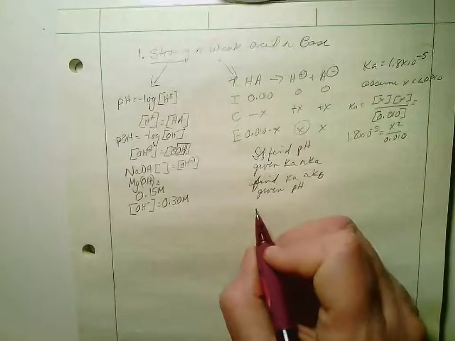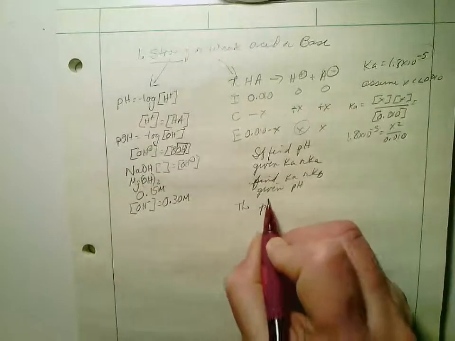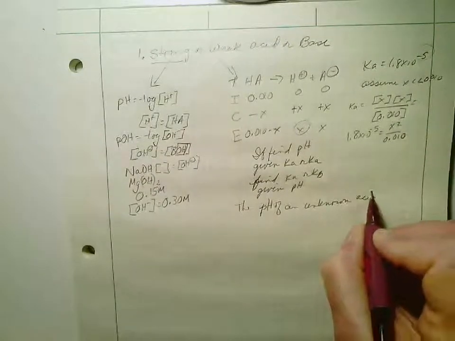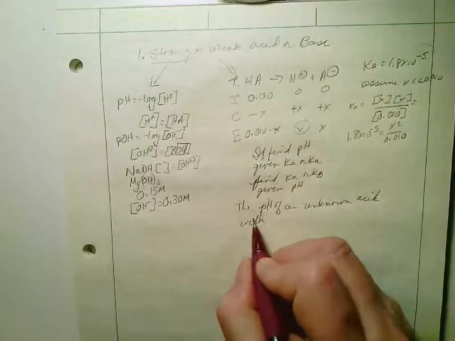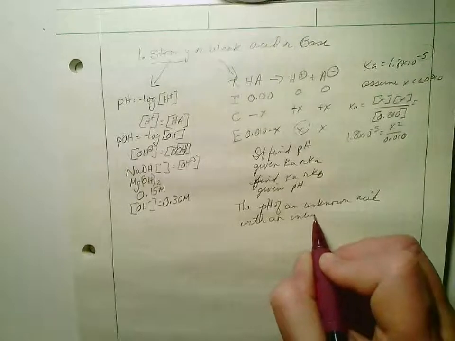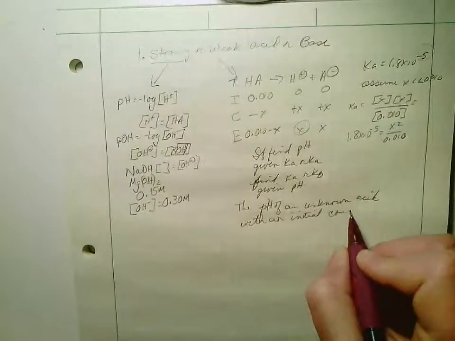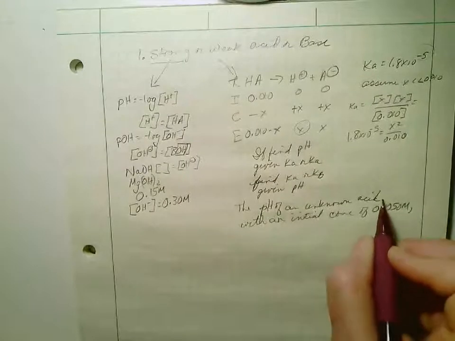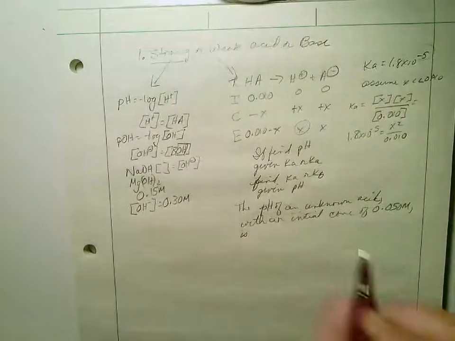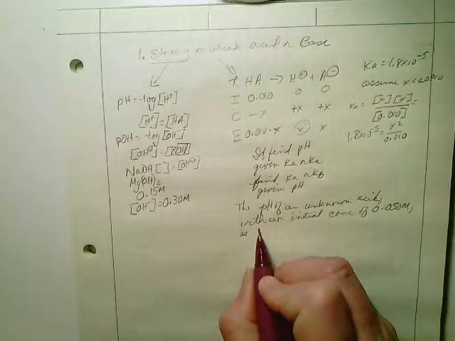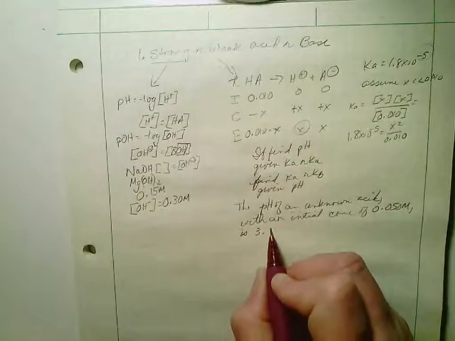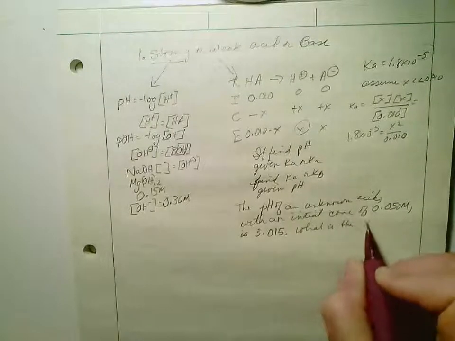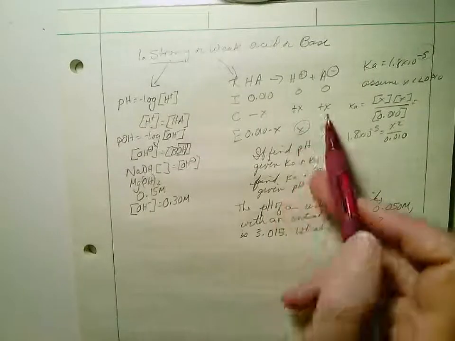The question would be worded something like: the pH of an unknown acid with an initial concentration of 0.050 molar is, let's say that pH is 3.015. What is the Ka?